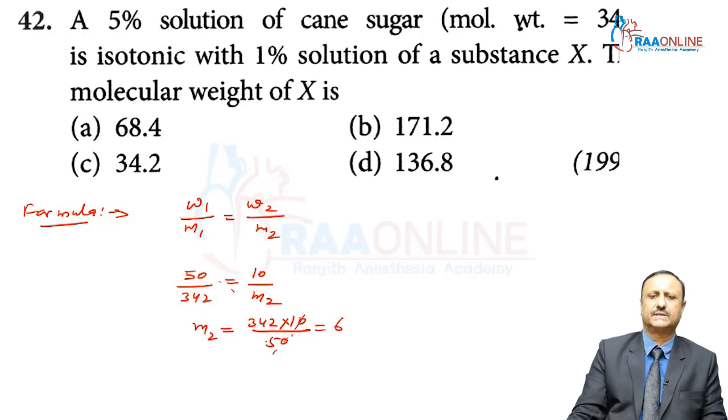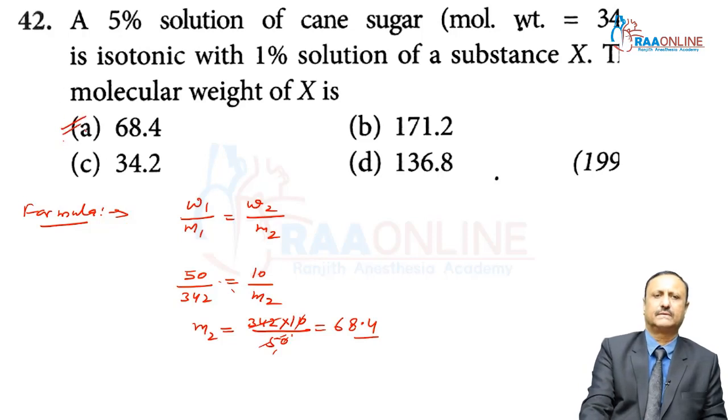This goes to 6, you can cancel 6, and you can get 68.4, because 342 divided by 5 is 68.4. Now you can go to answer A, 68.4. This is the correct answer.